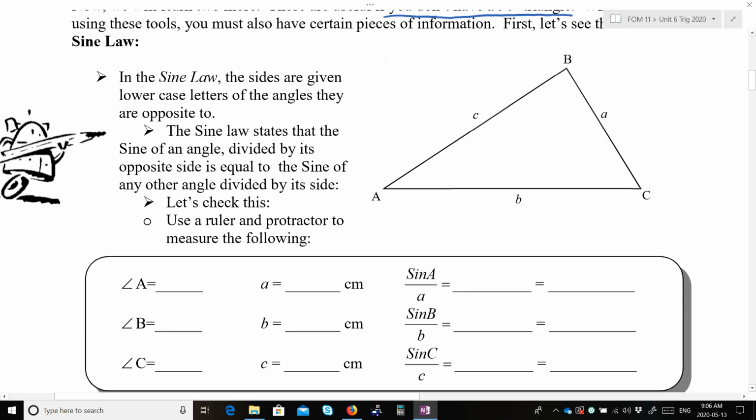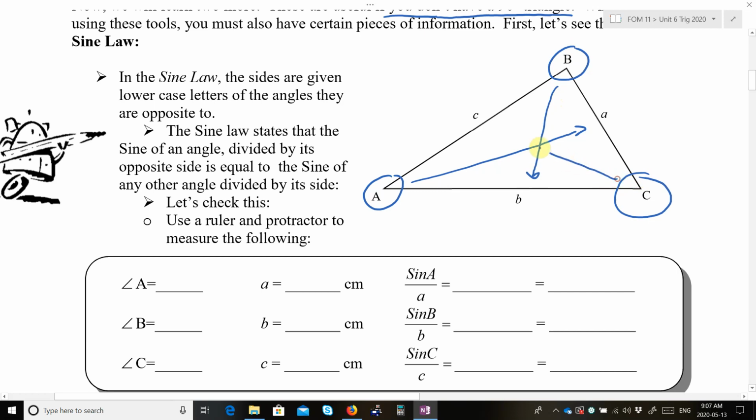In the sine law, the sides are given lowercase letters of the angles they are opposite to. So here is angle A, and notice that the side opposite to it is little a, and here is capital angle B, and the side opposite to it is little b, and capital angle C, and the side opposite to it is little c.